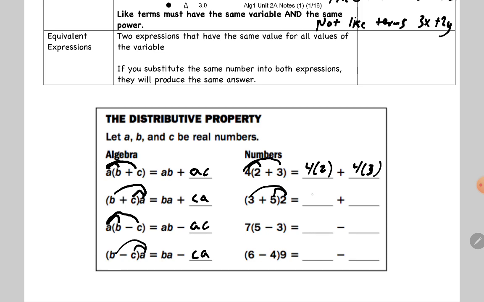So this would be 3 times 2 and 5 times 2. Okay. 7 times 5 minus 7 times 3.